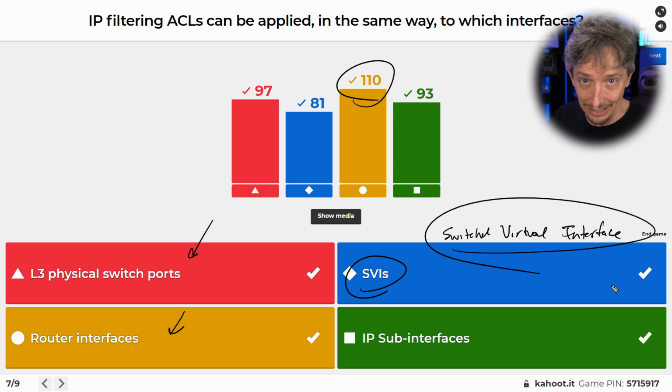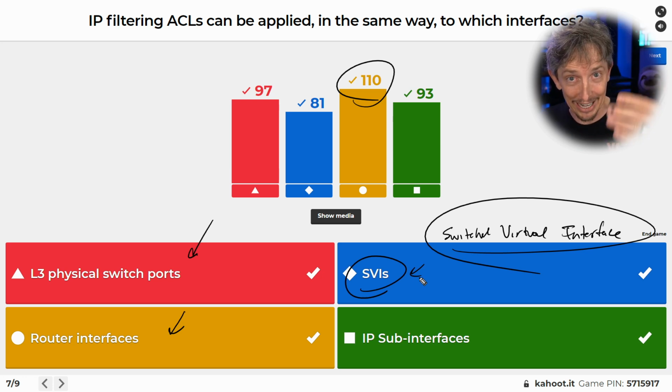How do they get off the VLAN? They need a layer 3 interface that they can point to as their default gateway. So if you have a traditional router in that same VLAN, that'll work. Or you could just create a switched virtual interface, a layer 3 interface for VLAN 10, give it an IP address, and then point everybody to that IP address as their default gateway, and you're good to go. So switched virtual interfaces is definitely a layer 3 option for applying an access control list.